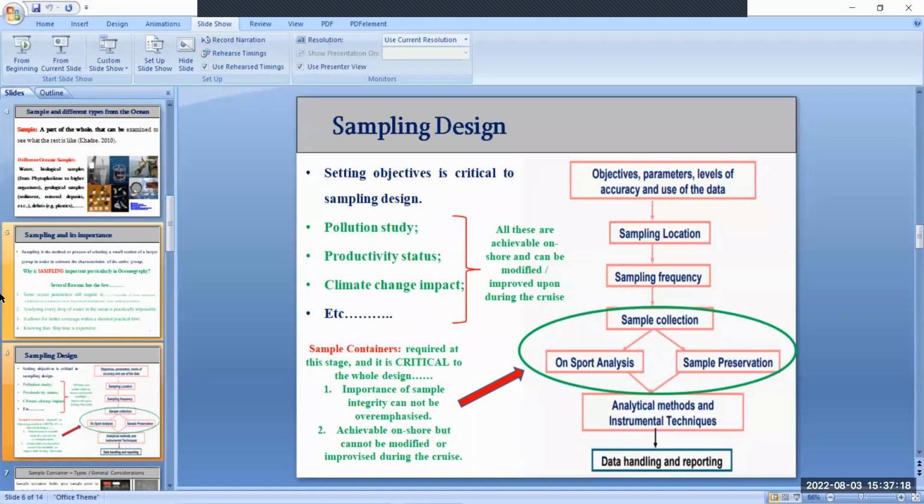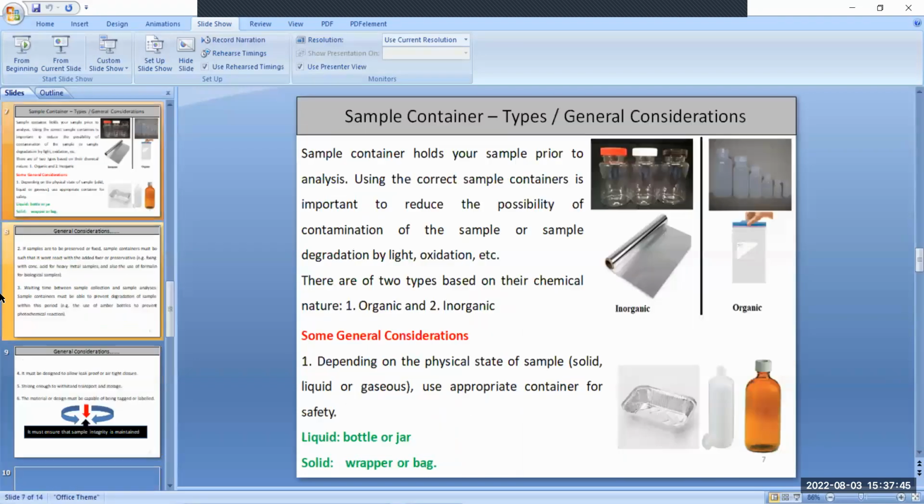You can't take the wrong sample container from the lab and get to the middle of the ocean and discover that you've erroneously taken along a wrong sample container. It could be costly. So it is important as researchers, as scientists, to ensure that accurate, adequate and proper sample containers are taken along with you right from the laboratory.